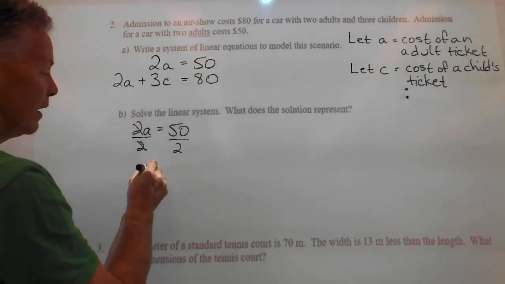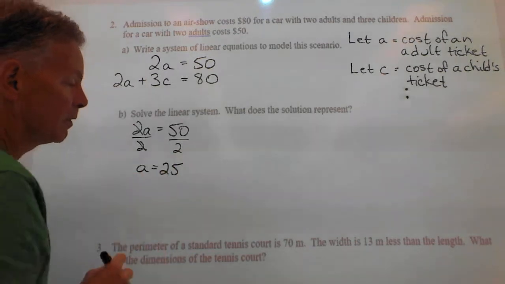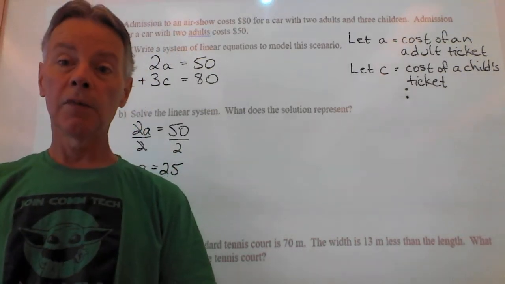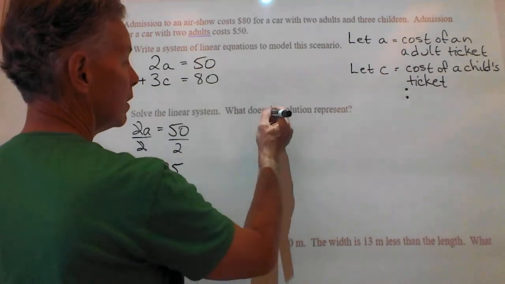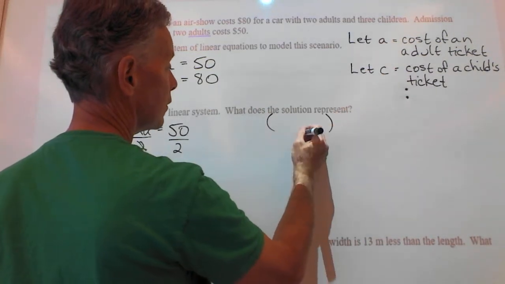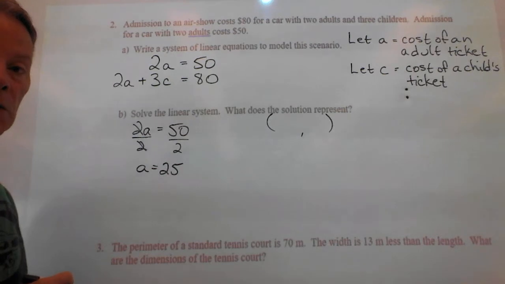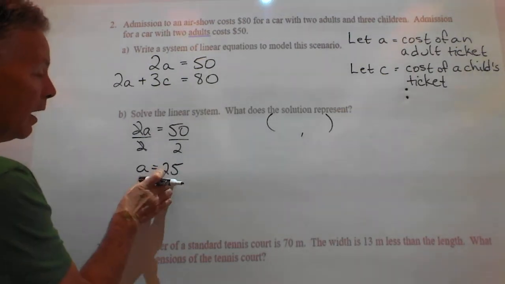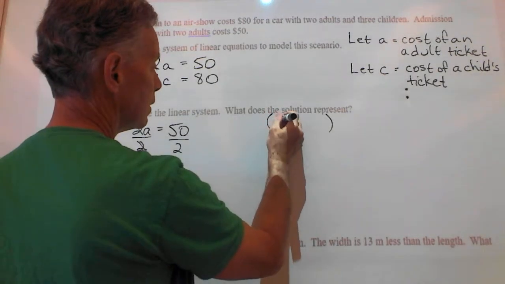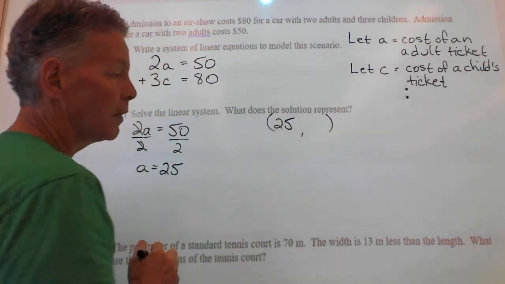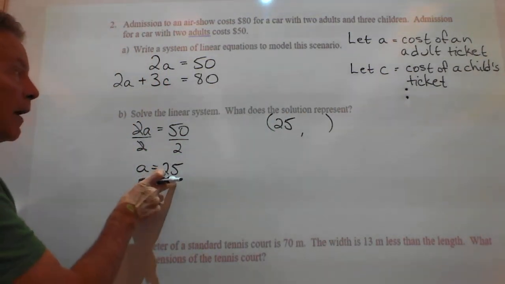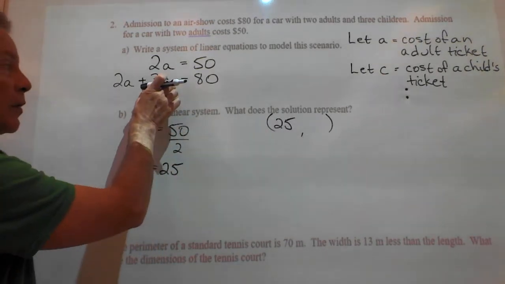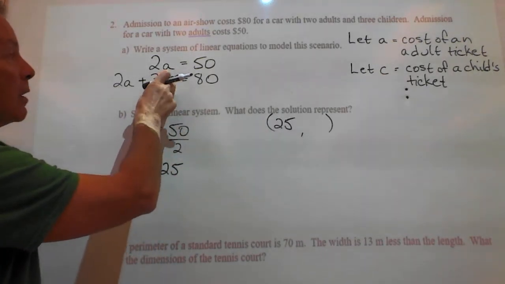That will give us a equals 25. Whoa, look at that. We already have the value of one of our variables. So, here's the ordered pair that will describe our solution, and we know that A is 25.